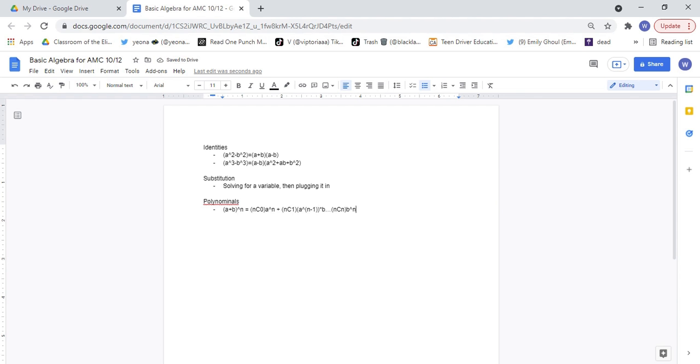As you can see, the powers of a keep going down, and the powers of b keep going up. That's basically how the binomial theorem goes, and it's useful for expansion.